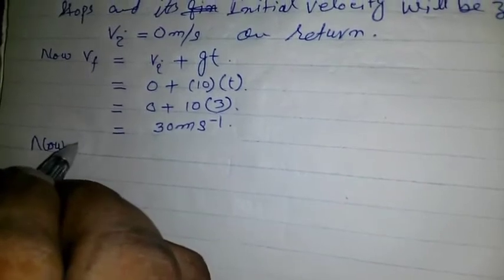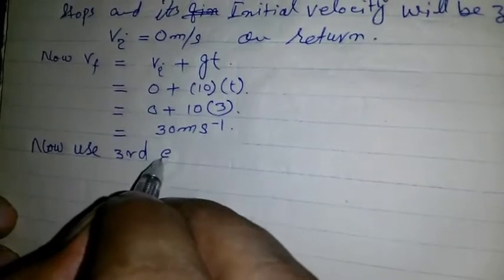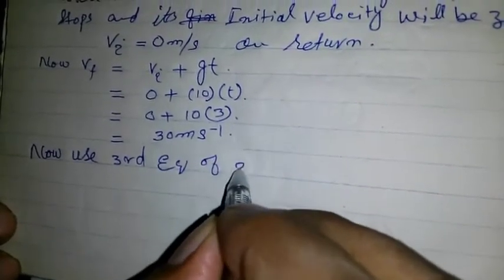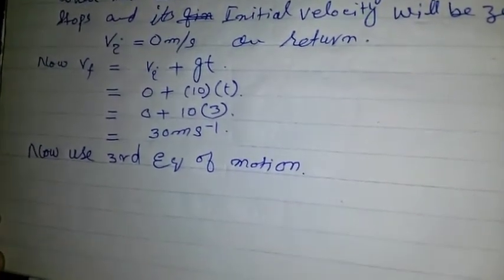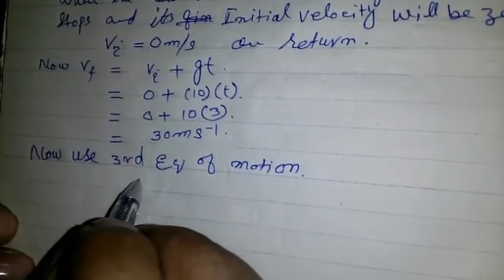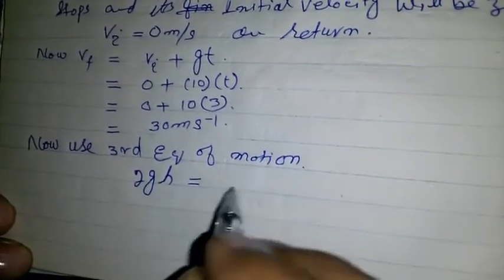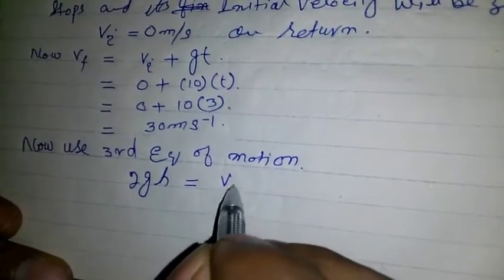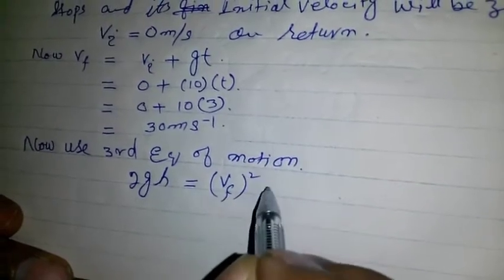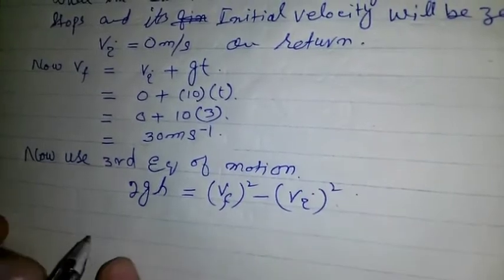Now use the third equation of motion. 2gh is equal to Vf square minus Vi square.